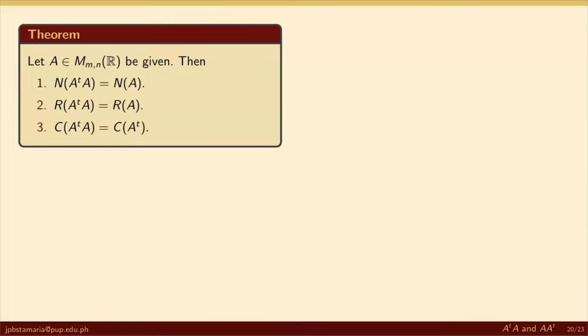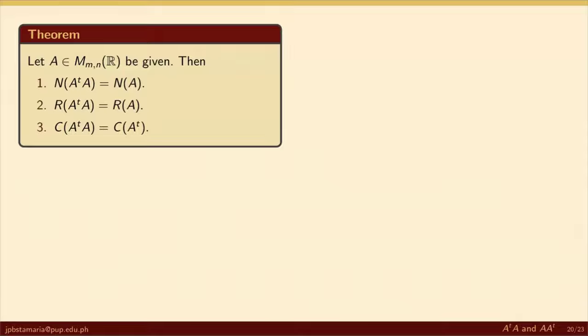I mean, wherever the matrix comes from, the null space does not change. So in other words, if A kills you, A transpose A also kills you. And vice versa. If you are getting killed by A transpose A, meaning you become zero when multiplied, A also kills you.